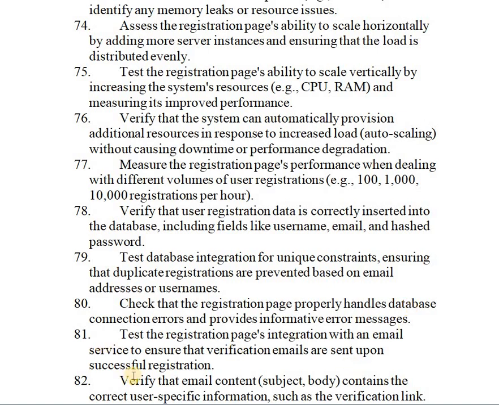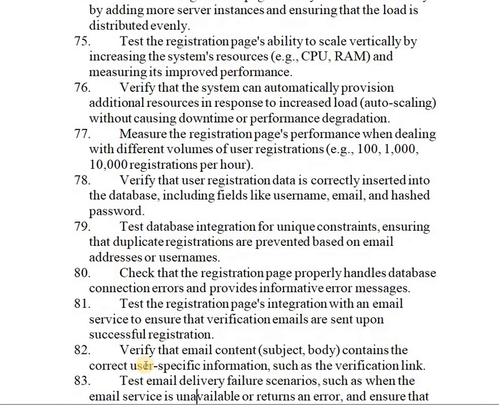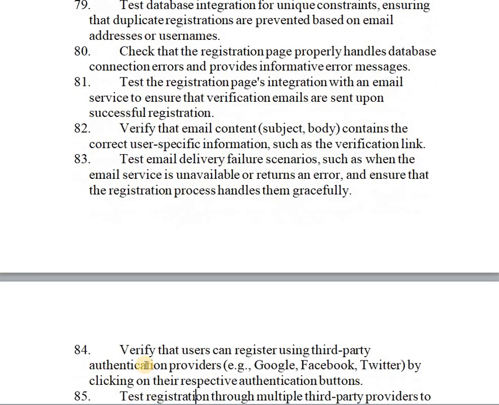Then next, test the registration page's integration with email services to ensure that verification emails are sent upon successful registration or not. Then next, verify the email content, that means the subject and body contain the correct user-specific information such as the verification link, or whatever type of links are provided there.